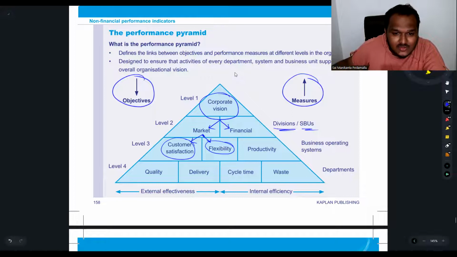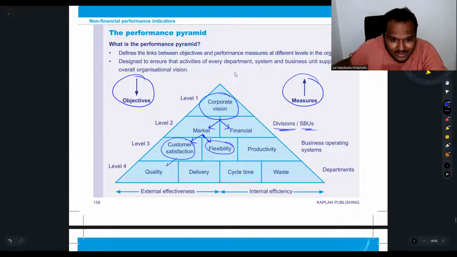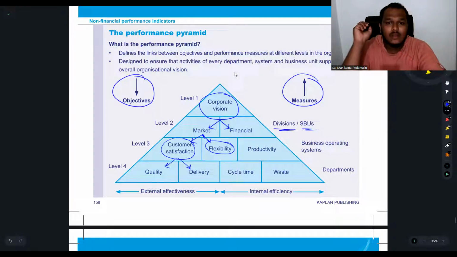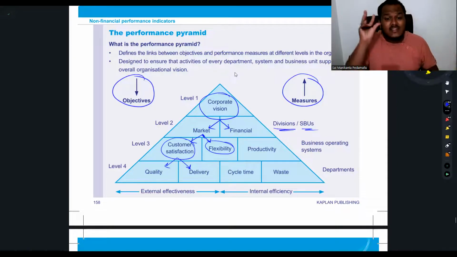So customer satisfaction is there. How can we achieve customer satisfaction, sir? By having proper quality and by having proper delivery. By these 2, you can achieve customer satisfaction. A qualitative product delivered at the right time at the right place. Then the customer will be satisfied.